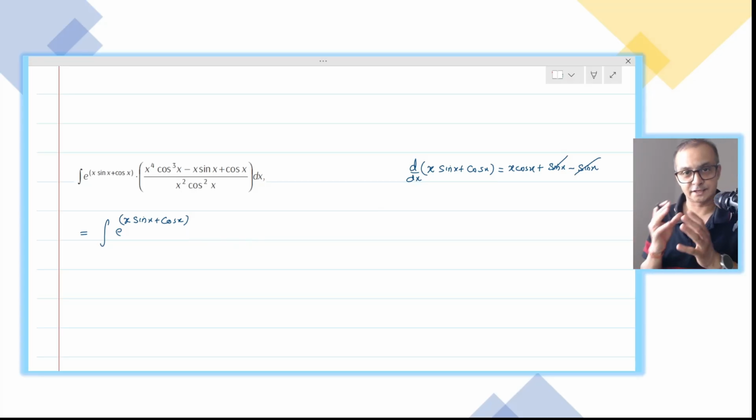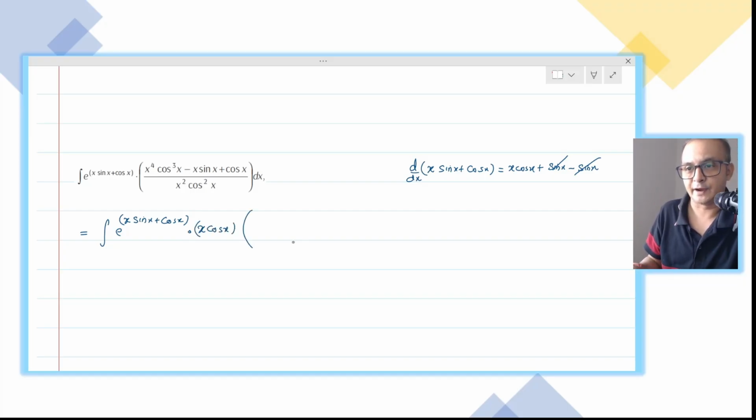So I'm hoping this structure will work, and in 90% chances it will work in such type of situation if I have e to the power u(x) format. So I'm just multiplying by x cos x, and to compensate it I'm dividing by it. So that will give you x cubed cos cubed x, and here x to the power 4 cos cube x minus x sin x plus cos x.